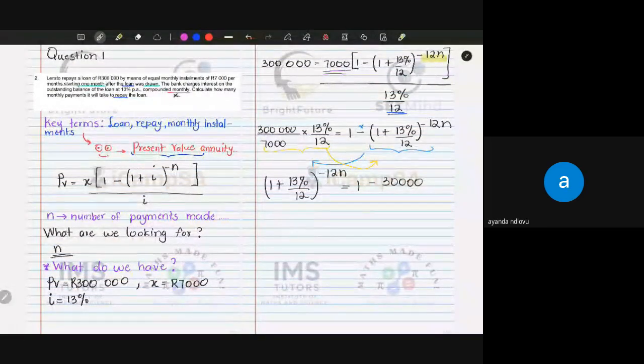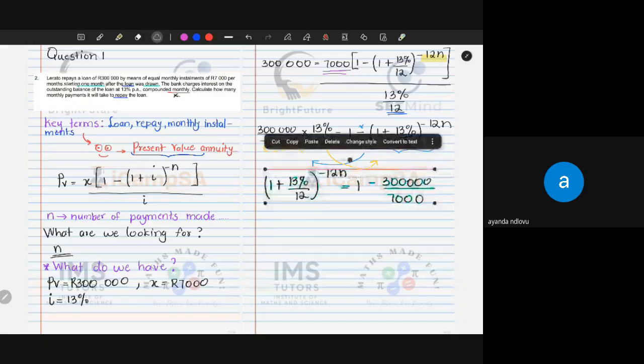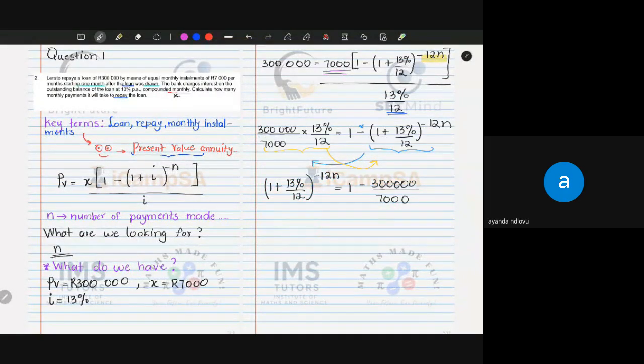And you'll just calculate it on the step that I'm going to put. So we transpose to the other side, 300,000 divided by 7,000. And then I just need to multiply with 13% over 12. Just keep your calculators nearby, guys. Very important. So can I please have what is inside the bracket here?